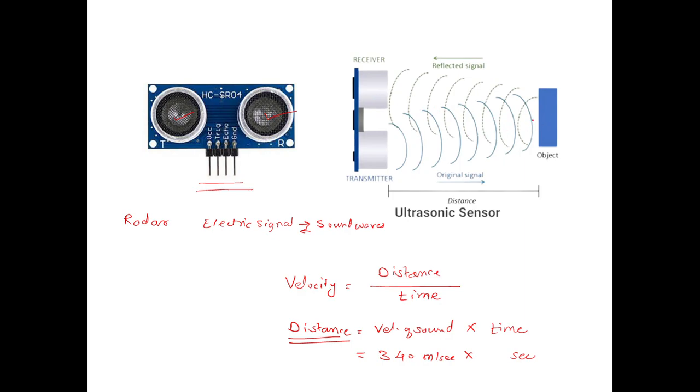The object is at the halfway of the total travel time, and hence you're supposed to divide this time by 2. That is the formula we will use in the code.